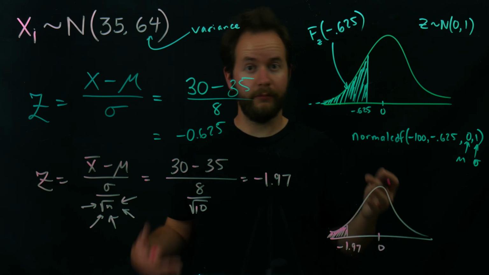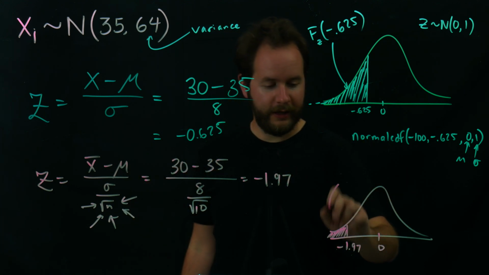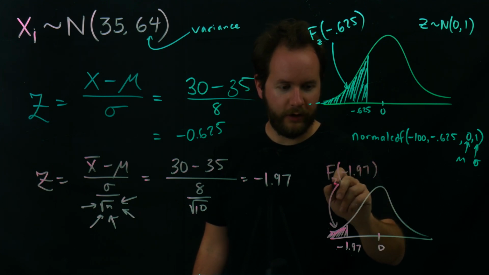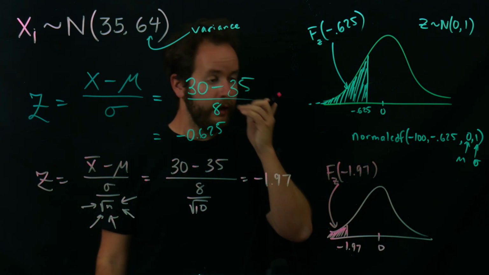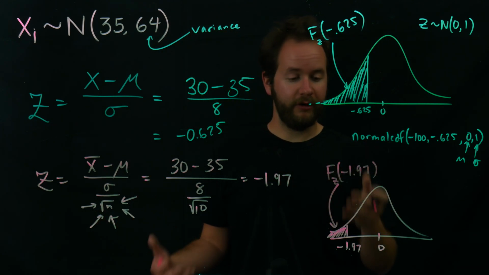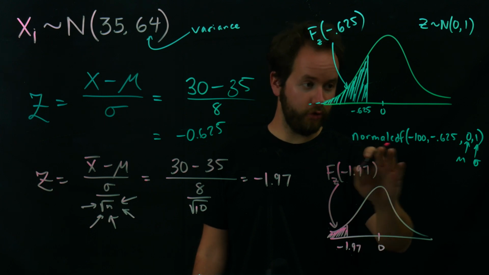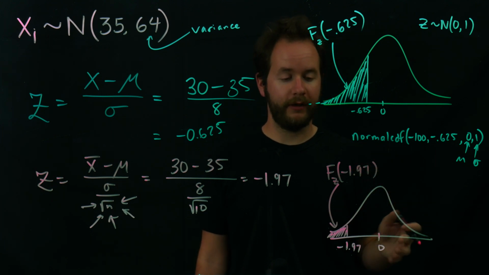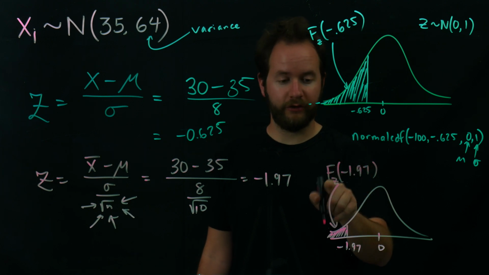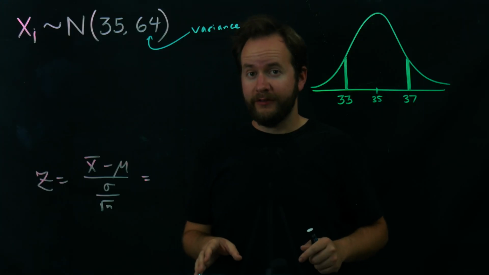Again, using the same function we learned from before, it would be F of negative 1.97, or F sub Z if you use the subscript. You could, again, use a z-table to figure out what the exact probability is, or use normal CDF. But for the purposes of this quiz, we're going to leave it in terms of the cumulative distribution function F sub Z.